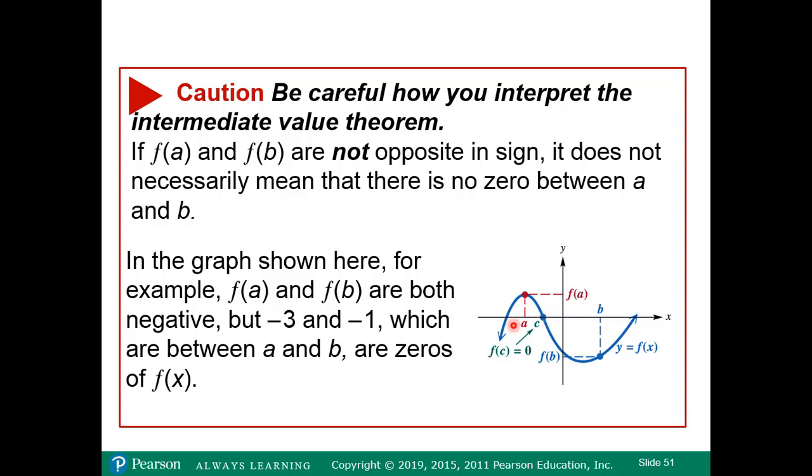But I could have chosen A to be over here, and then A and B would have both been under the graph, both negative. But we would still have this point. So I just chose two points that weren't good.